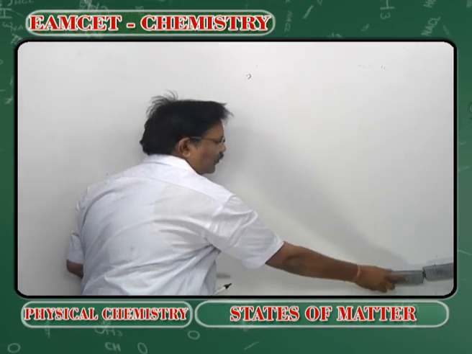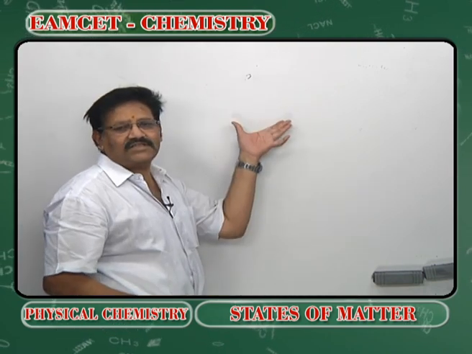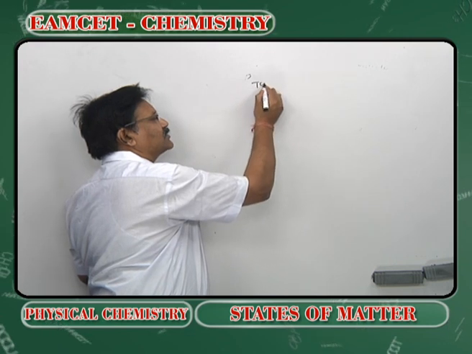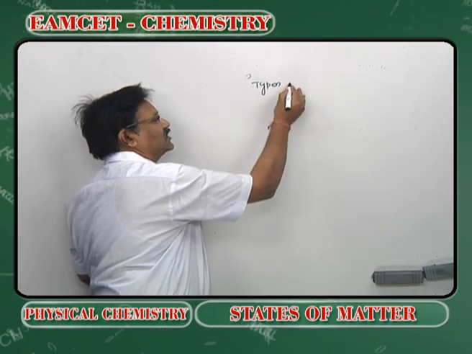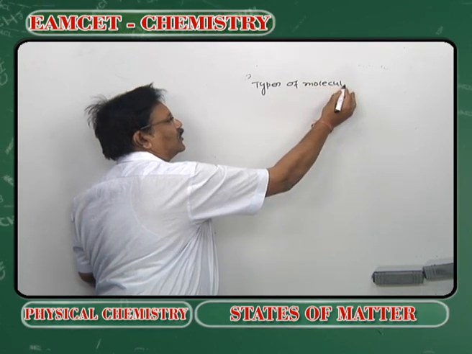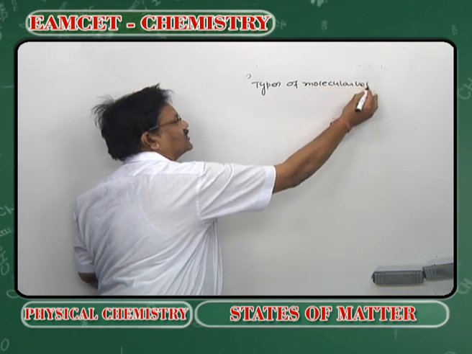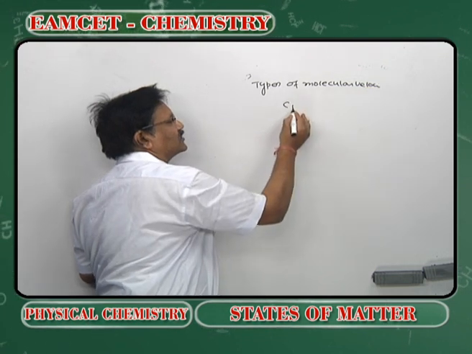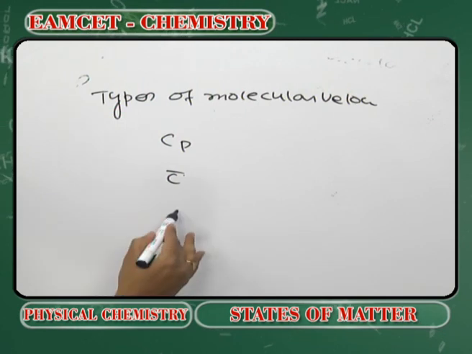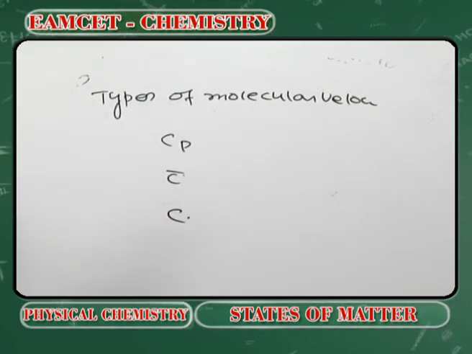Now another point we have not discussed yesterday is the types of molecular velocities. What are the types of molecular velocities we have? We have three types: most probable velocity, average velocity, and RMS velocity.